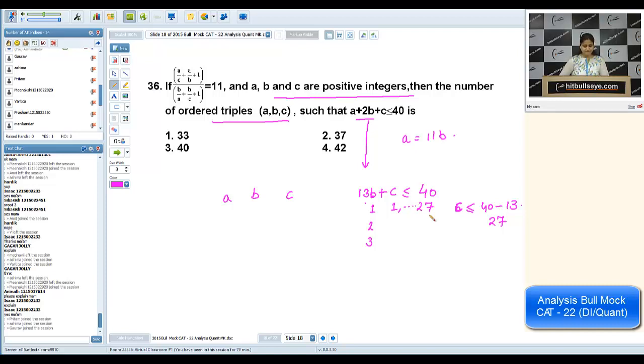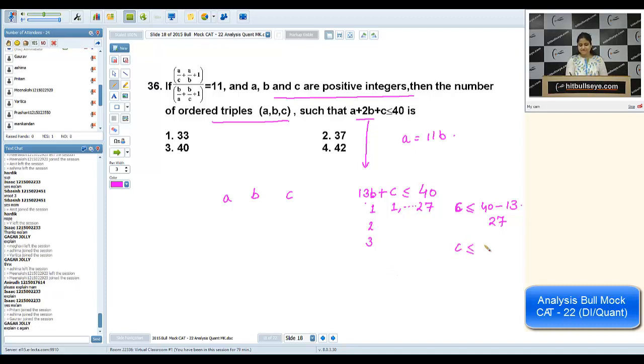Similarly, if I take b as 2, it will become c less than or equal to 40 minus 26. What is 40 minus 26? 14. So c can take any value from 1 to 14. Once again, I'm taking the same inequality. First of all, are you comfortable in this?